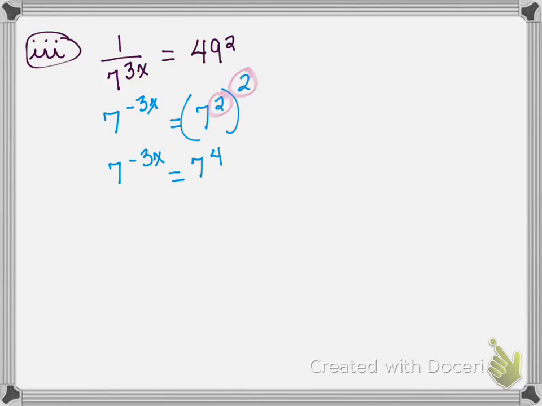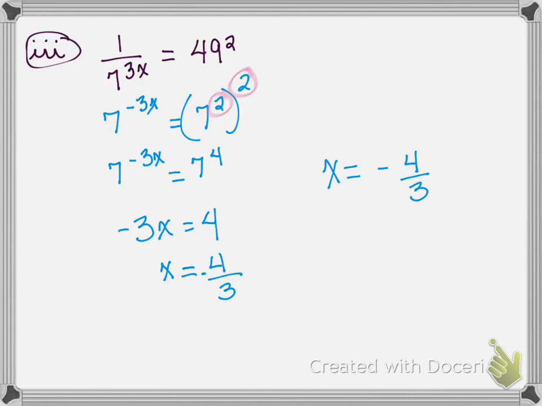When the bases are the same, that means the exponents are the same. So I have negative 3x equals 4. I'm going to divide both sides by negative 3, and I'm left with 4 thirds, and that's negative. So my final answer here is negative 4 thirds.